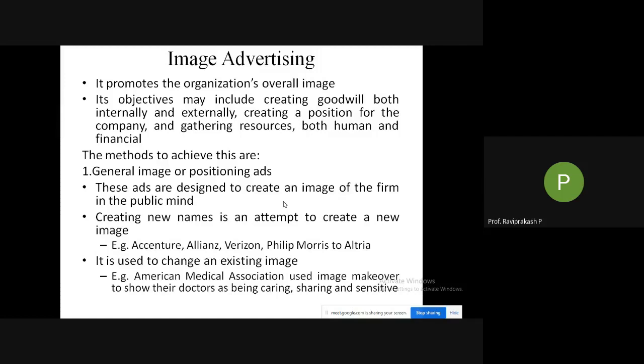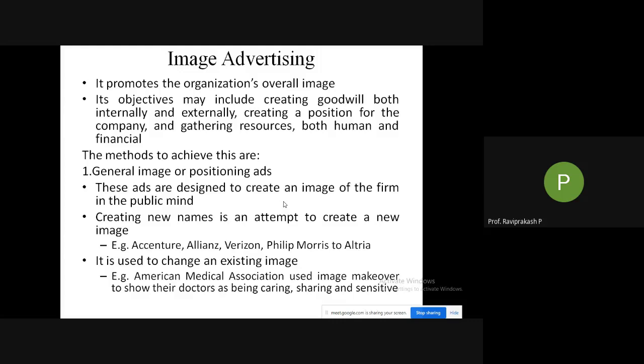Then creating new names. Even this is one of the things where we have different names for the company or for the different divisions, to attempt to create a new image. If a certain image is already there of a certain company, and now something related to that comes out, people will have the same image in mind. So you cannot change it.